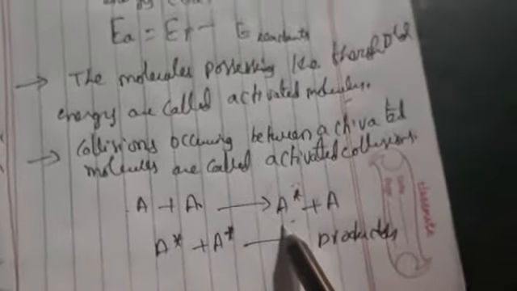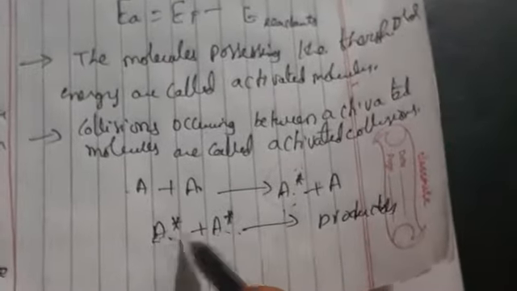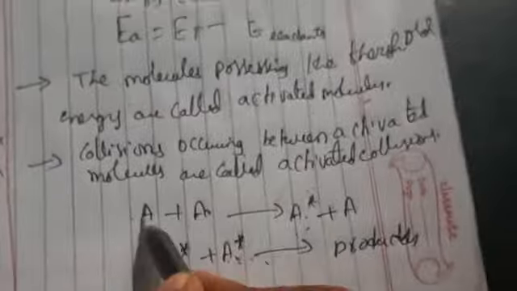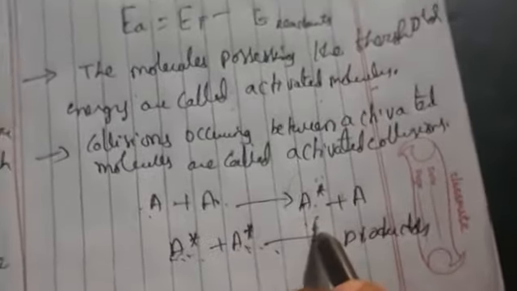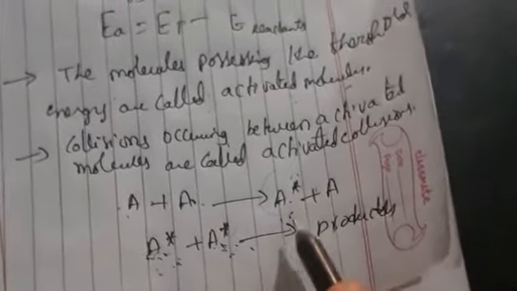These are activated molecules. These two activated molecules collide, and finally give the product. That one we call activated collisions.